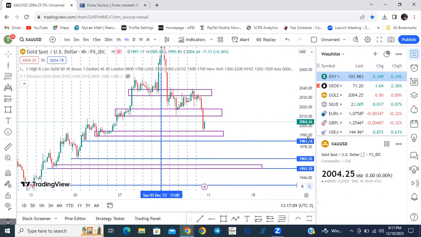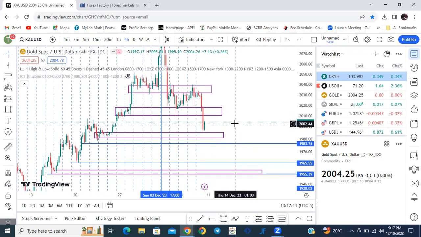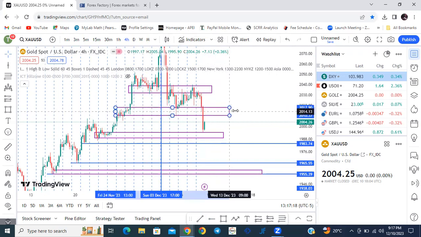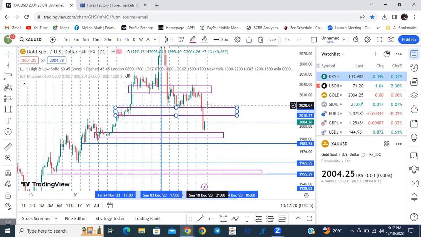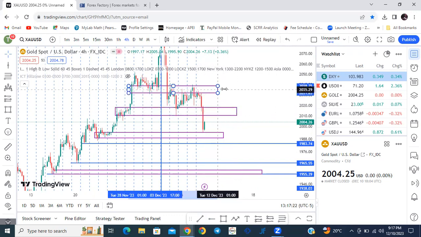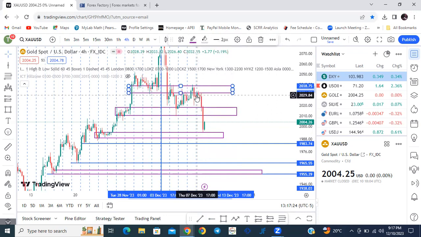But if the price continues on the upside and breaks through this area of resistance, then the next level we might be anticipating to see the price at is around the 2029 level.